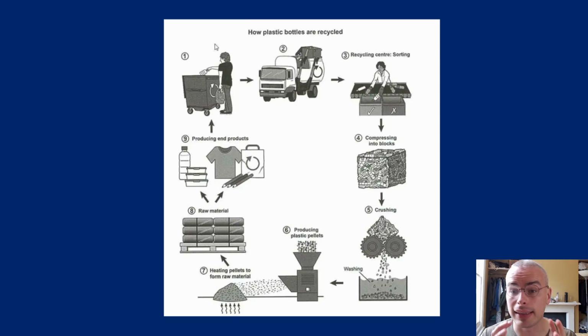So by highlighting some of those stages, you wouldn't have to talk about all of them. You could potentially break it down into a few bigger stages, because it's a bottle for quite a while, and then it goes through a few different steps. You might say it is a bottle, then it becomes pellets, then it becomes an end product again, and that might highlight the key points for this type of essay.